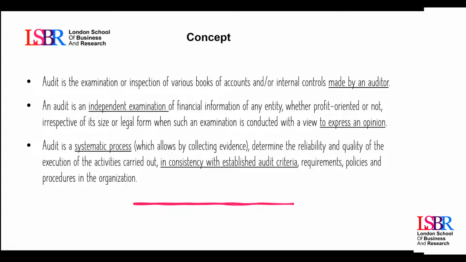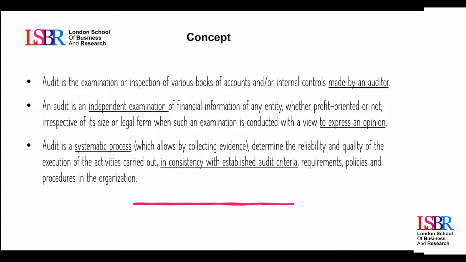And a third concept is that the audit is a systematic process. It means that the audit needs to follow a path: first step, second step, and we cannot skip one step. So it's a systematic process in consistency with established criteria.